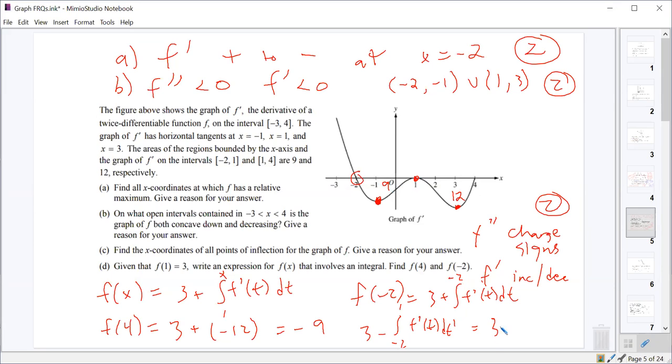So that's a 3 minus, and then since it's below, -9, which gives us 12. Yeah, that's 3 points total for that. 1 point for using the initial condition, 1 point for that, and then 1 point for the 2 answers. Any other questions on that one? Everybody okay with that one?